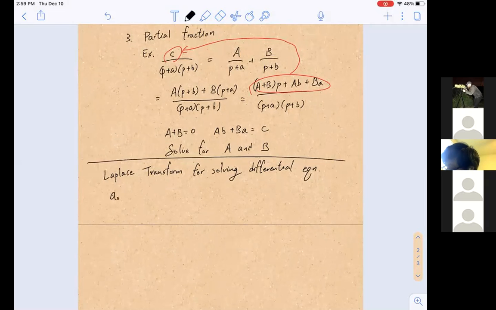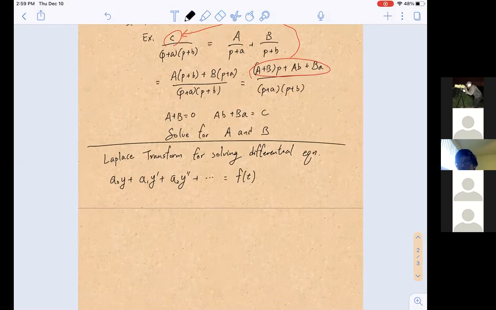So it will look something like this: a0 y plus a1 y prime plus a2 y double prime plus and so on, equals f of t. And the general strategy is to Laplace transform both sides.